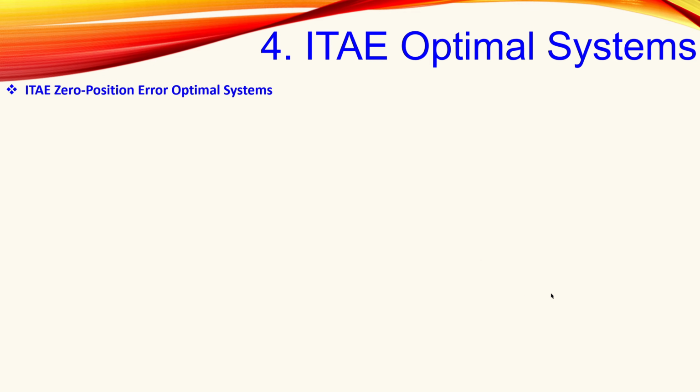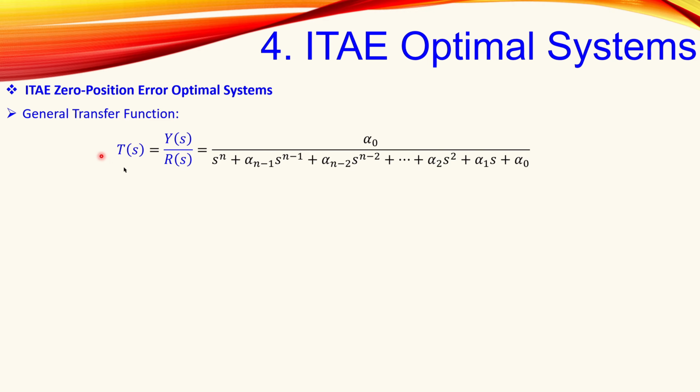Okay, now we have several criteria to make the error zero. First one is the position. So we would like to have, for this optimal design, a zero position error. Now, the general transfer function for that is this. This is the closed loop transfer function, y over r, and this is the alpha 0, just a constant, over the polynomial in the denominator.